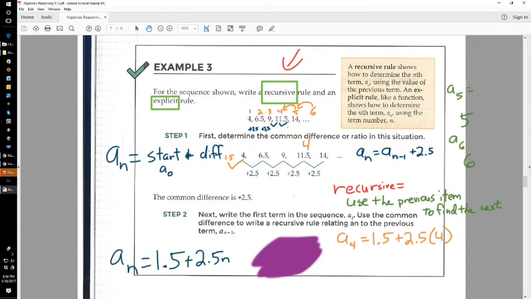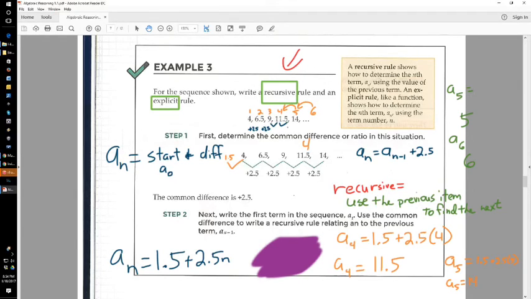If you shove that in your calculator, 2.5 times 4 plus 1.5, you're going to get 11.5. Works for every last one of them. If you want a sub 5, the 5th step, take 1.5 and add 2.5n. In this case, 2.5 times 5, and you're going to get 14.